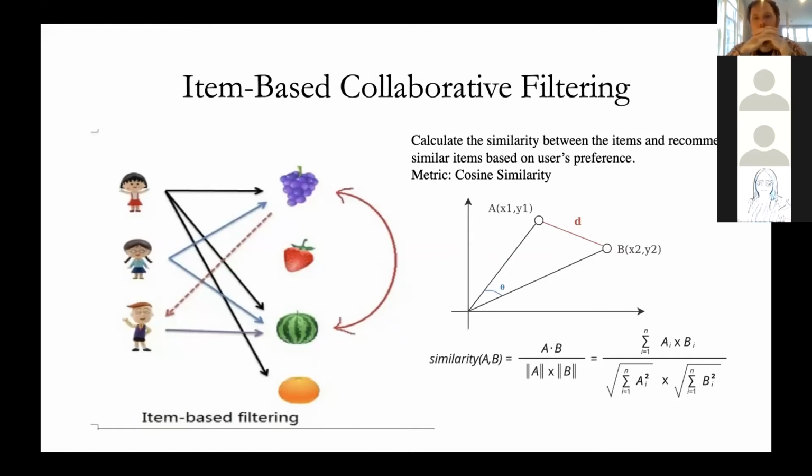Cosine similarity of A and B is given by this equation. If you are familiar with the cosine function, the top of this fraction is the dot product of A and B, and the bottom is the distance of vector A to 0 multiplied by the distance of vector B to 0. That's the basic concept of item-based filtering.